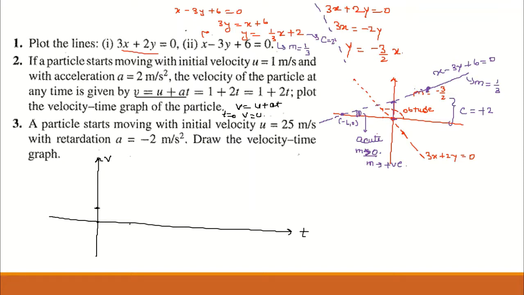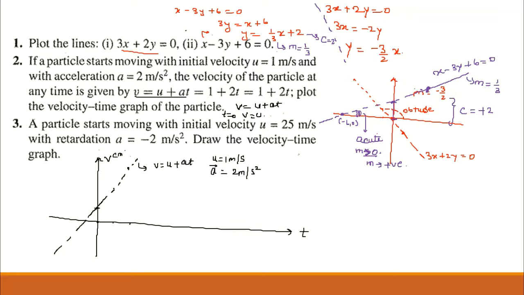At t is equals to 1, the v is 3. Hence this will be my line which will represent v equals to u plus at, where u is equals to the initial velocity 1 meter per second and acceleration is nothing but 2 meter per second square.